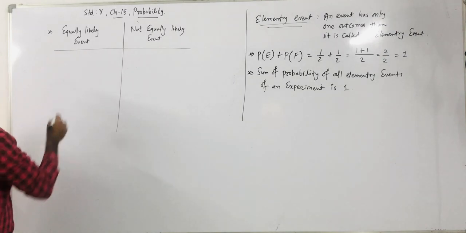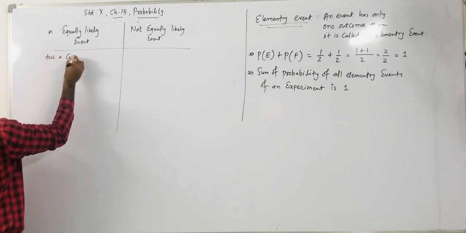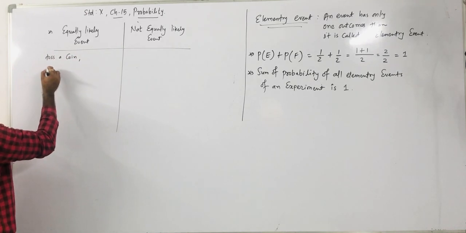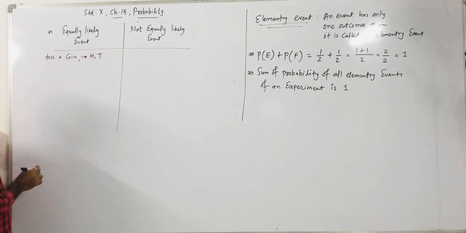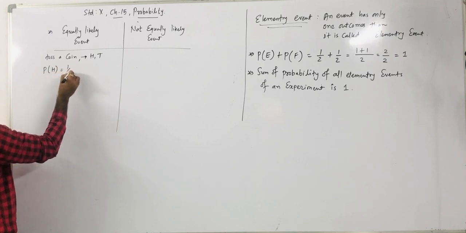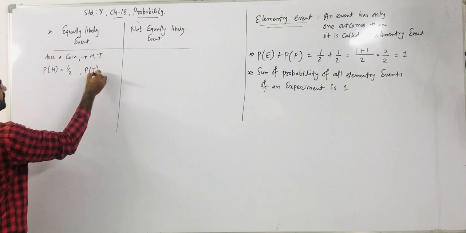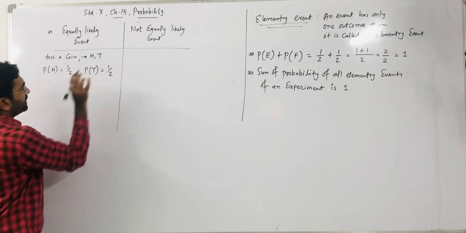Suppose here we toss a coin, right? Whenever you toss a coin, we all know the total outcomes are head and tail. Out of that, suppose you take the probability of getting a head, then we get 1 by 2, and we also found that the probability of tail in our previous example is 1 by 2.